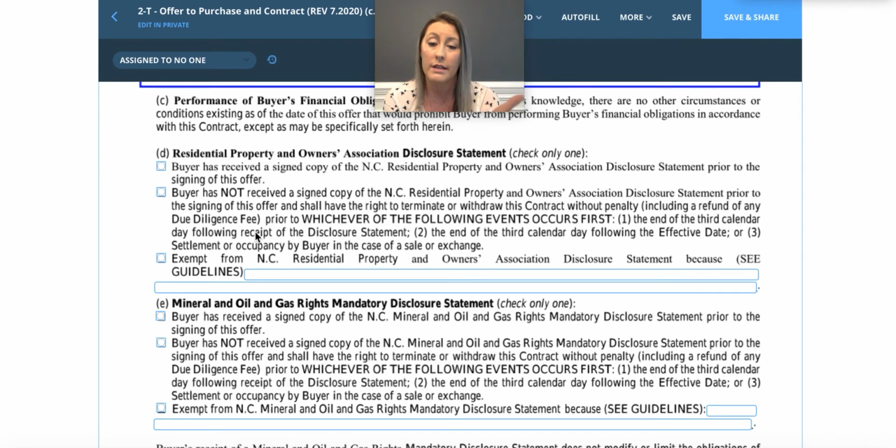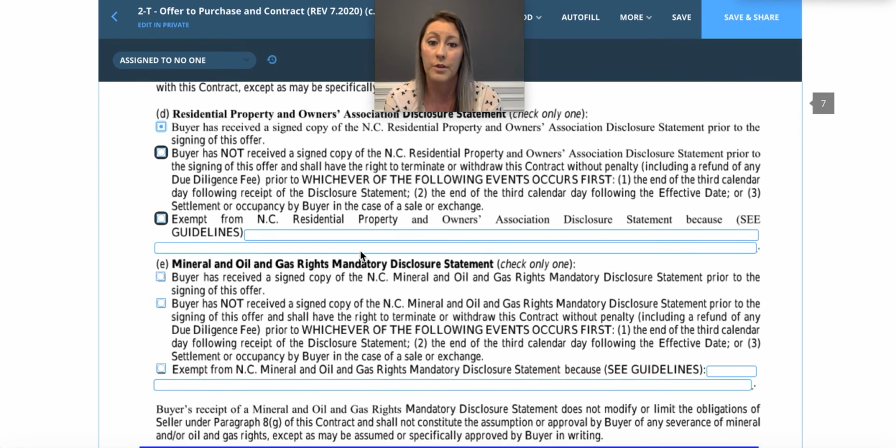It's just good practice to download all the documents that your client needs, right up front. And you can just say, yes, they've already received it. You can say no, maybe the listing agent hasn't uploaded them yet, but they will get them to you. So you can click this one that the buyer has not received them, but they will by the third calendar day following the effective date of this contract. But you should always just try to click the first box and have it ready for them, unless it's exempt.